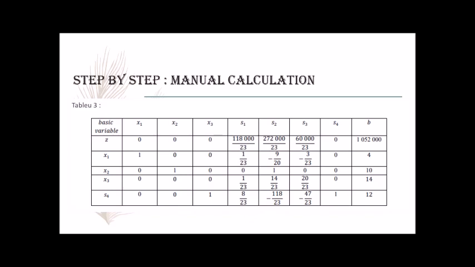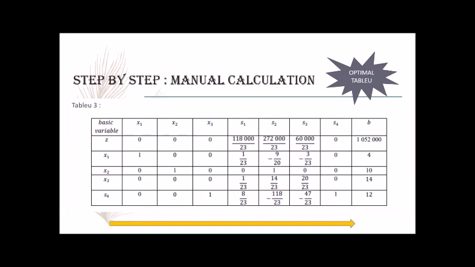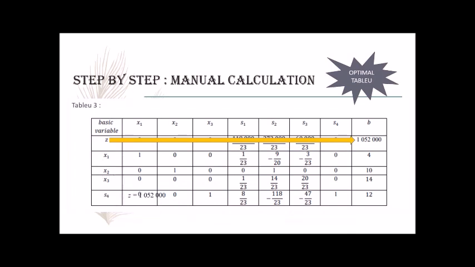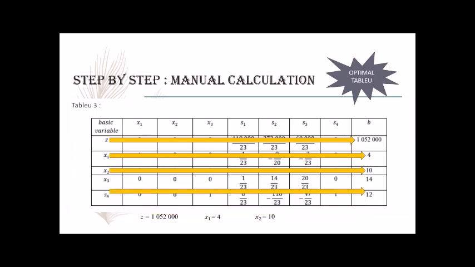Once we get tableau 3, there is no negative coefficient in row Z. It can be concluded that this tableau is the optimal tableau. We can obtain the Z value and also the values of x1, x2 and x3 from this tableau. From the tableau, Z is equal to 1,052,000 while x1 is equal to 4, x2 is equal to 10 and x3 is equal to 14.